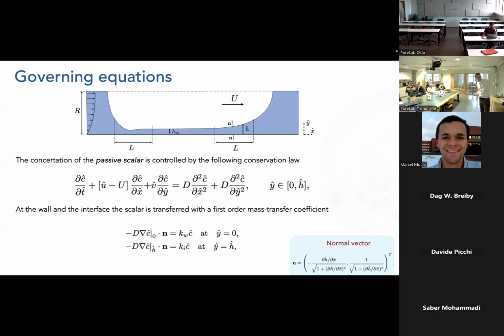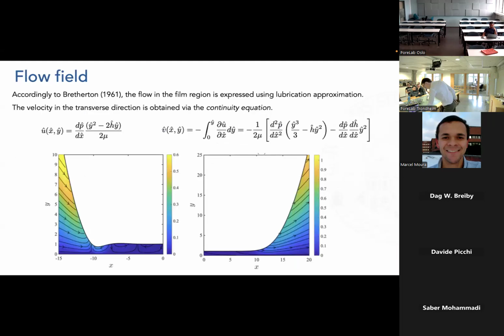And you see that the flux is the normal flux. For the wall it's easy because the normal vector points downwards. But when the interface has a slope, then you have to use the proper formulation of the normal versor for the problem. So this is the problem that we started with, with this analytical profile.